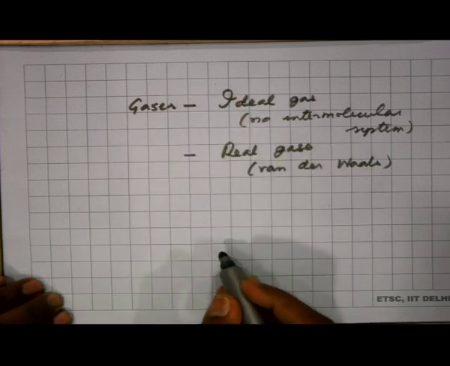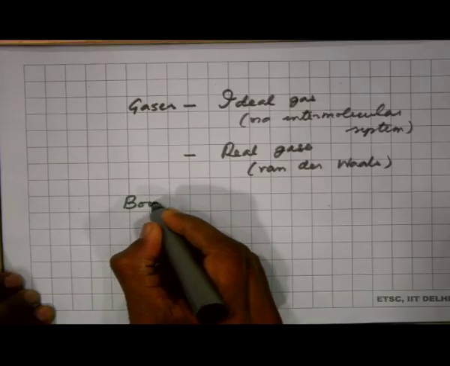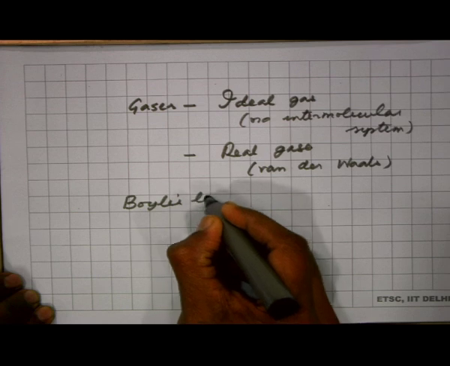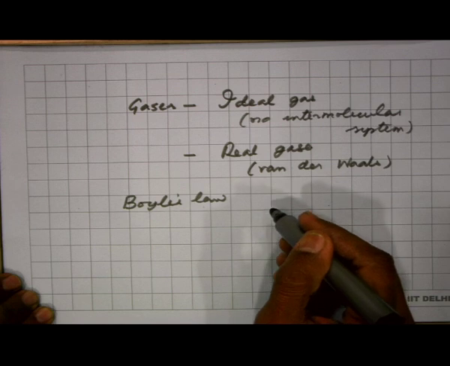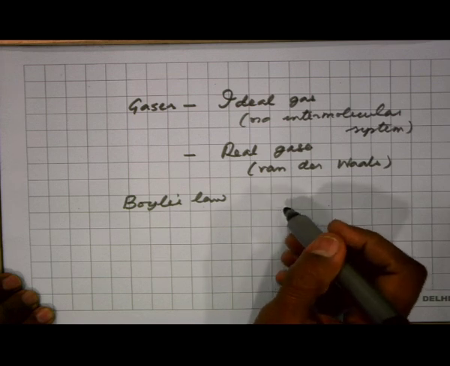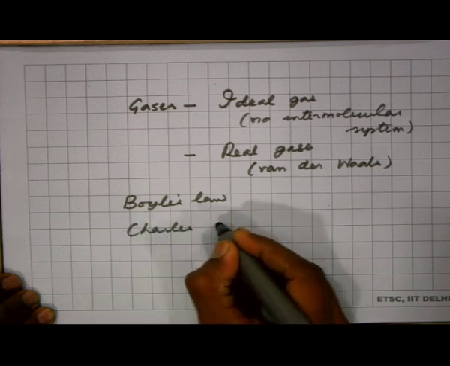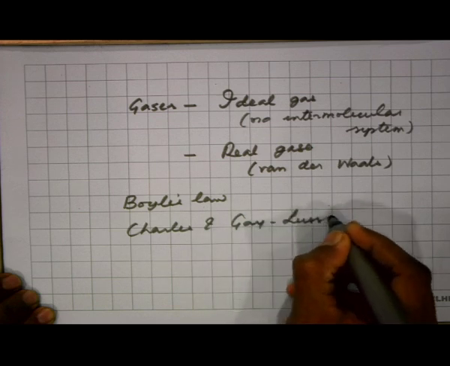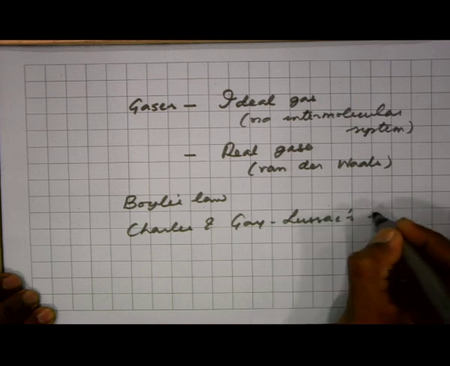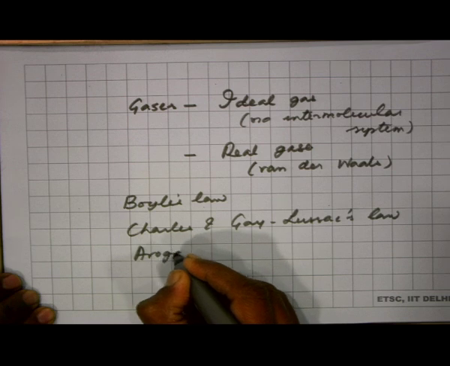The first thing that we will do in the next class is to look at what is called Boyle's law, a classic experiment which was done and which proved the atomic hypothesis. Then we will look at the Charles and the Gay-Lussac's law, and the Avogadro's hypothesis.